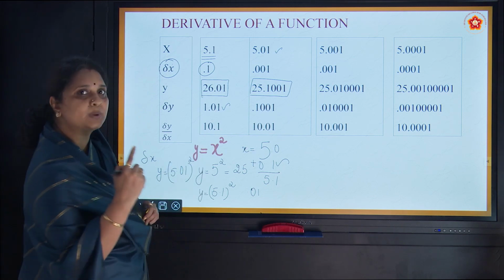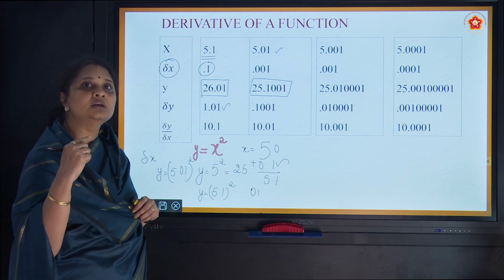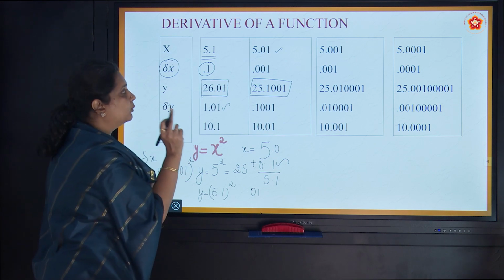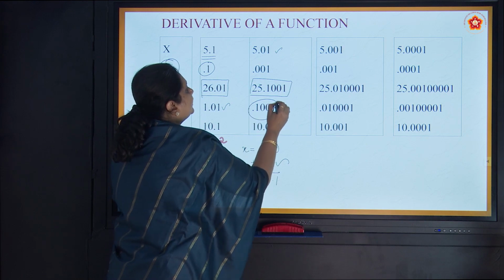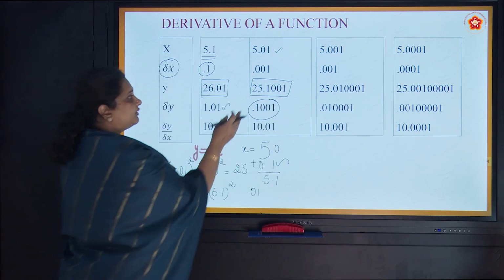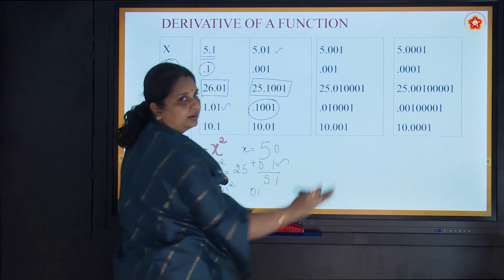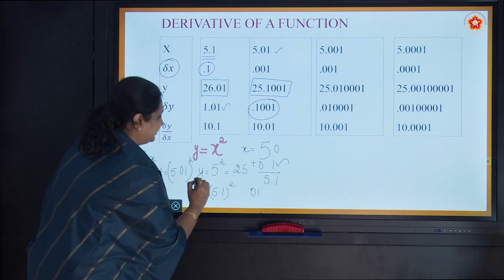You can try squaring it and observe. That's nothing but 25.1001. I'm sure that you all know how to square decimal numbers. My y is increased by 0.1001. From 25, it has gone up to 25.1001. We are basically comparing it with the base value of 25.